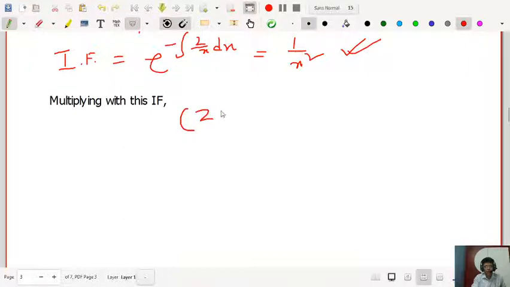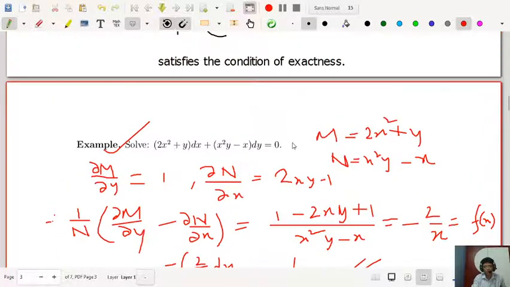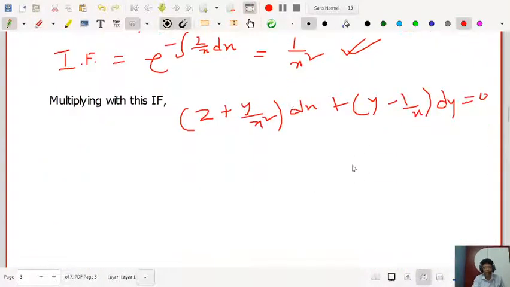You have (2 + y/x²) dx + (y − 1/x) dy. You are multiplying throughout. Look at the first term: if you multiply by 1/x², the x² is gone. And the second term will be y/x², that is the first product, and the next one will be y − 1/x.